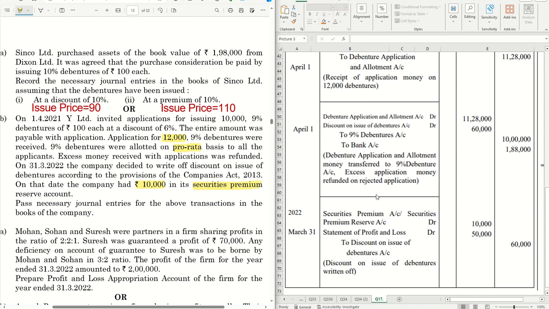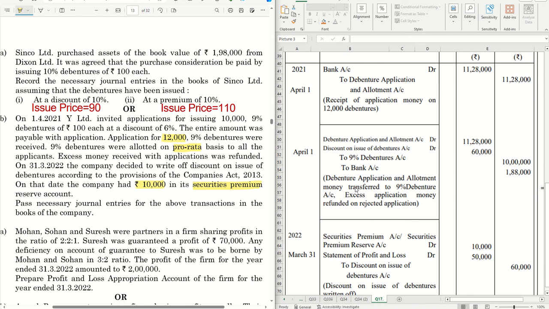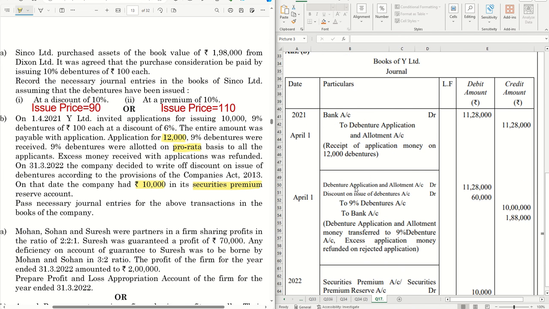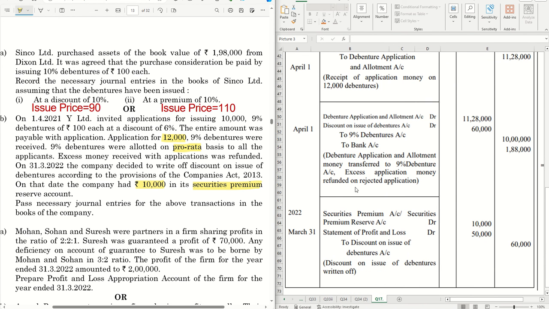Straightforward questions. If you know the concepts, if you have practiced well, these are easy scoring questions for you. However, I've seen students making mistakes in these kinds of questions as well. For that, you need to practice thoroughly and refresh these kinds of questions in your brain so that you can do them flawlessly and in less time during the exam.